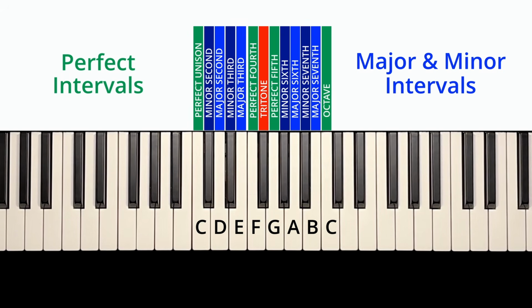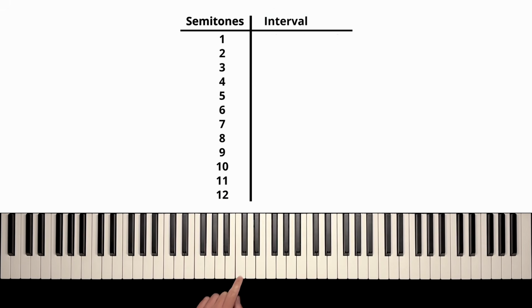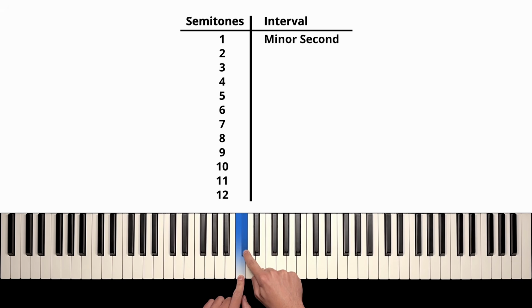Now that we have names for all 12 intervals, let's arrange them by their distance in semitones. A distance of 1 semitone is called a minor second, or halftone. The next interval, 2 semitones, is called a major second, or whole tone.